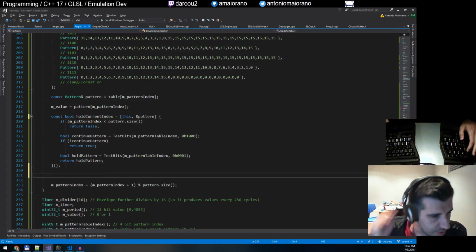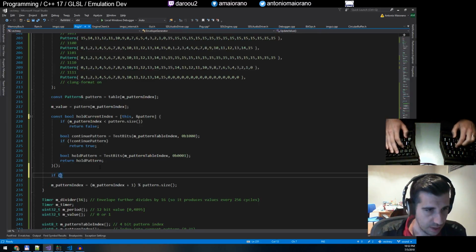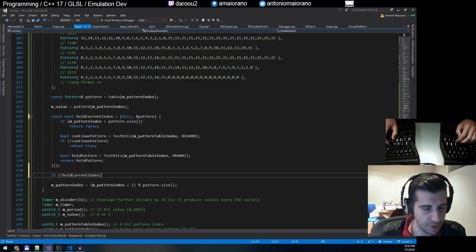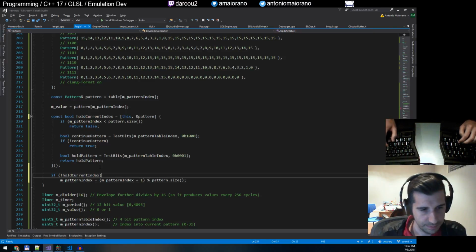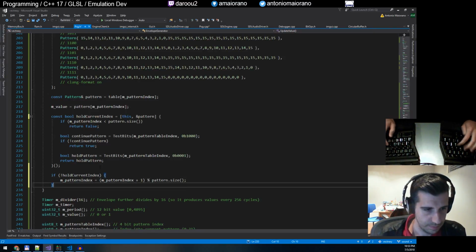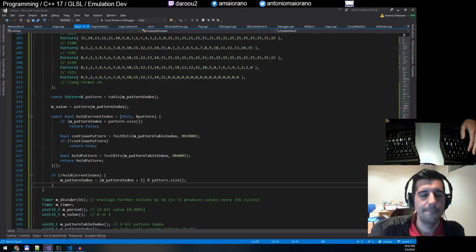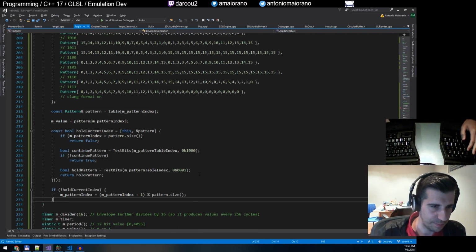Okay, now here we say, if we don't want to hold the current index, then do this. So it's a bit weird, but I think this gets the point across.